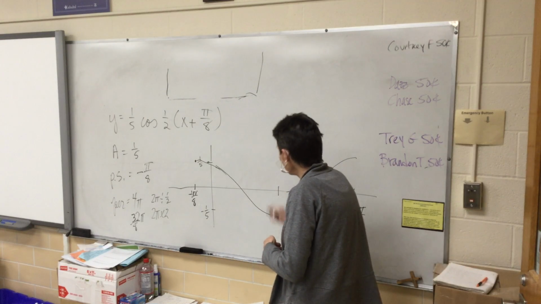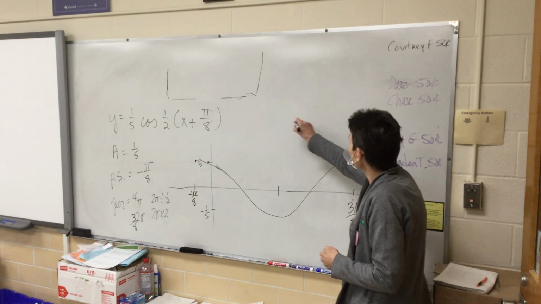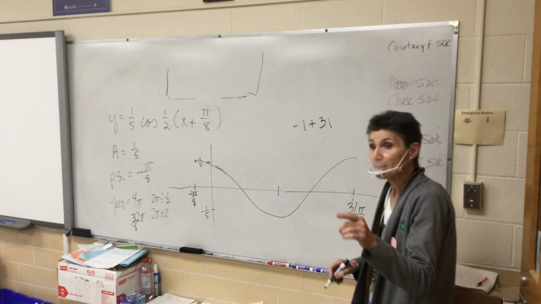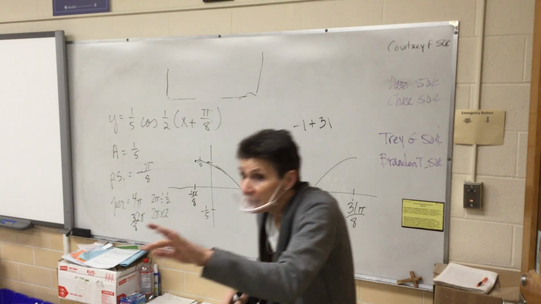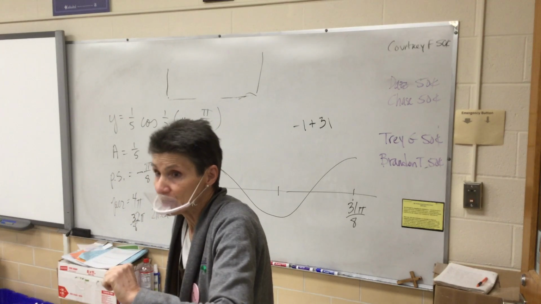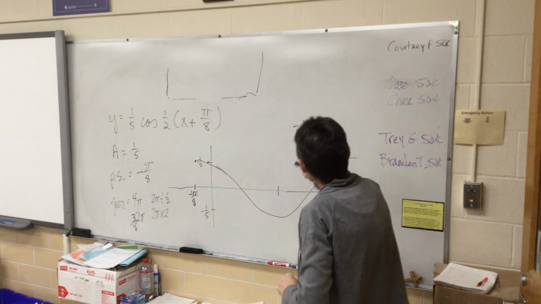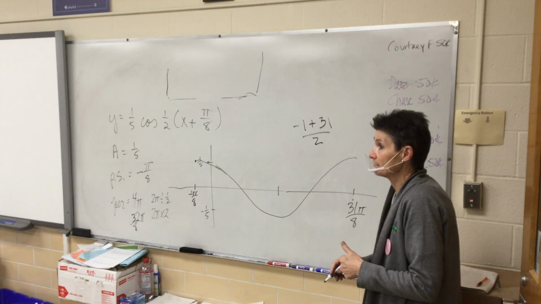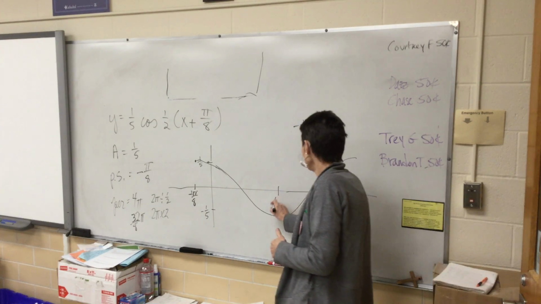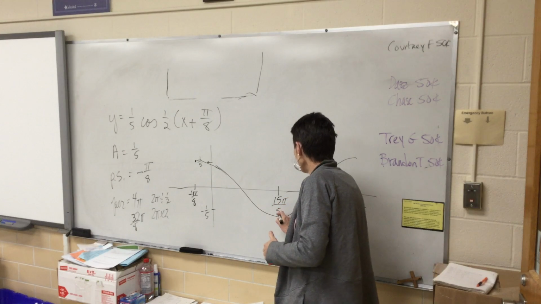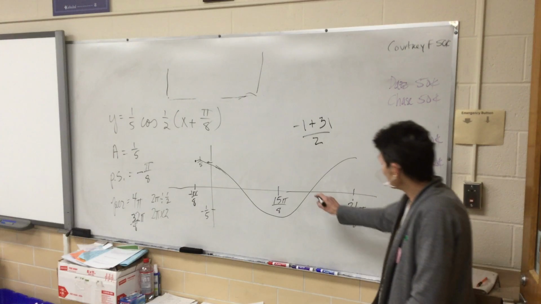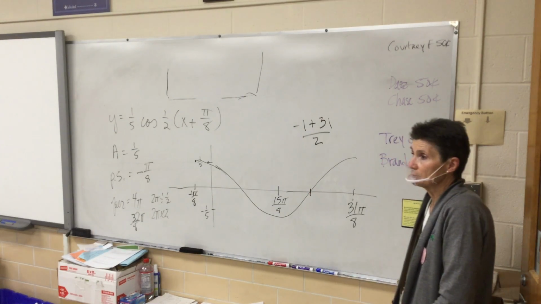Now what's going to be right in the middle of negative 1 and 31? Remember, to find the midpoint, you average. So negative 1 plus 31 divided by 2, that's going to be my midpoint. 15 over 8. 15 pi over 8. Yep, we're going to finish this picture. Now I need the midpoint here and here.